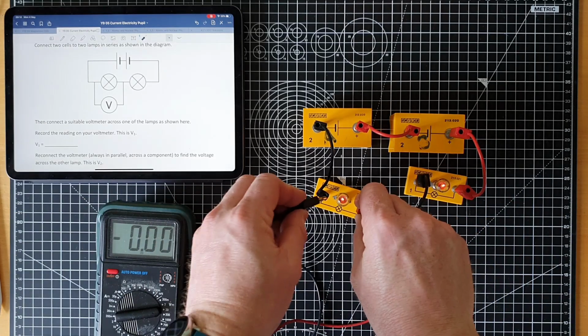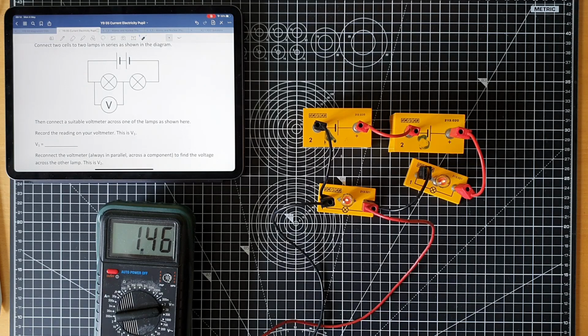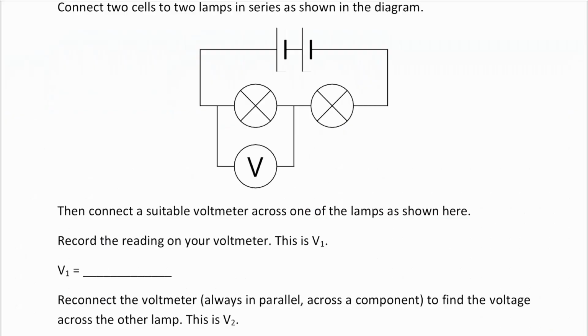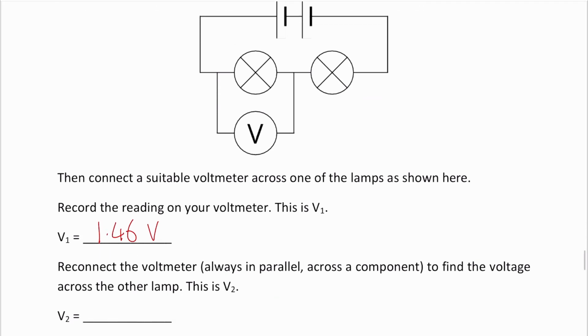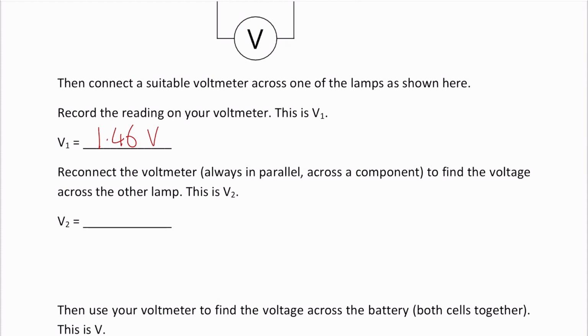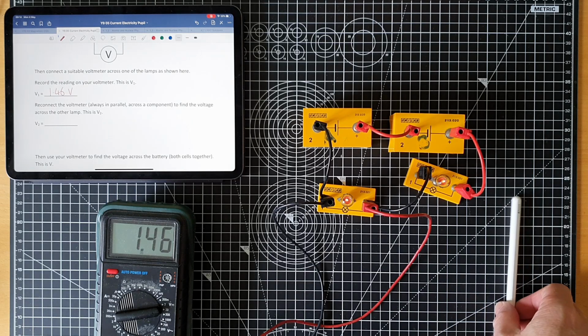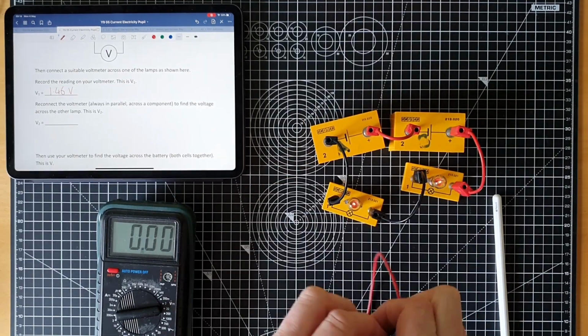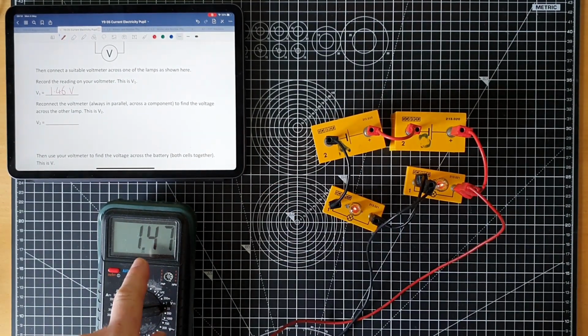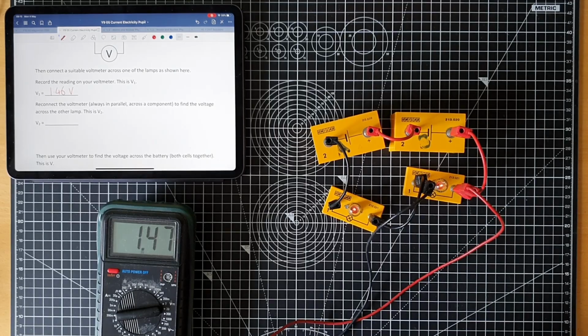There we go, and we're getting a reading of 1.46 volts. Now, reconnect the voltmeter across the second lamp, and that's going to be V2. In this case, we're getting 1.47 volts.